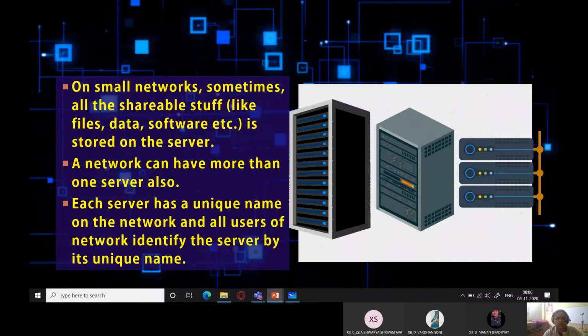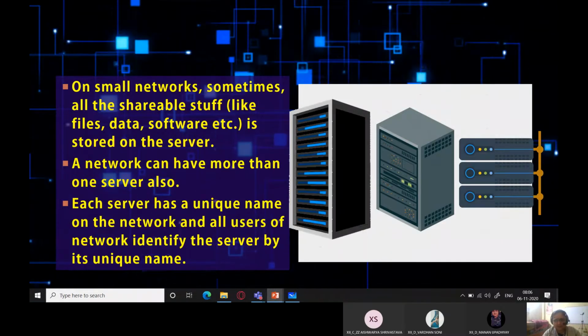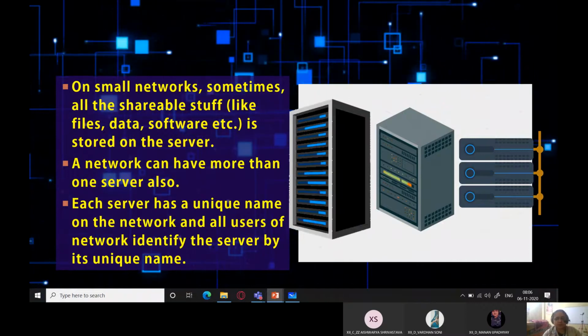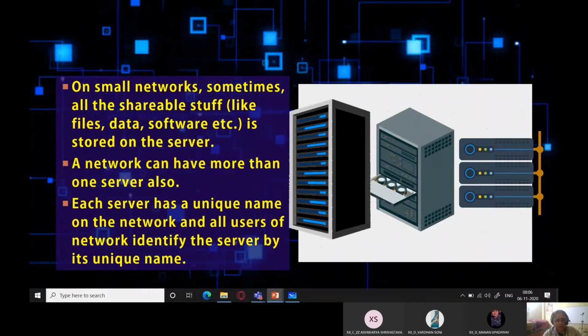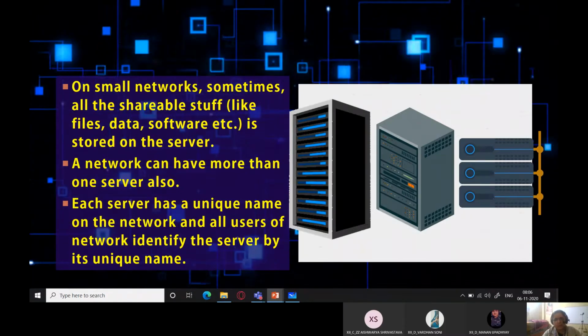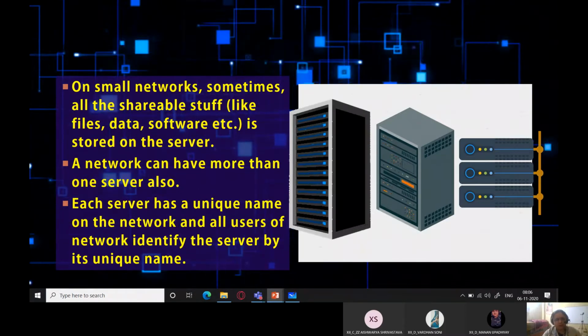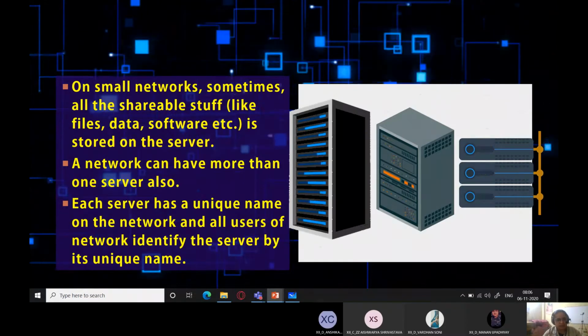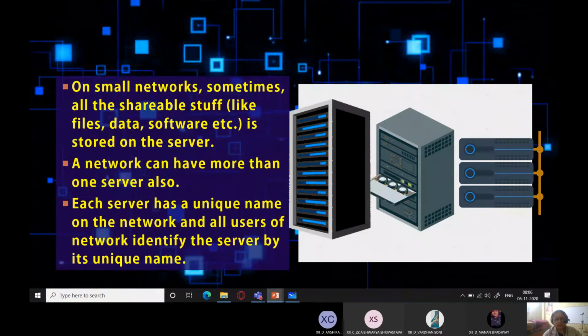You, Manan, might be already knowing that. That is connected to most of the computers in the office. The principal's computer is also attached to it. The medical room computer is also attached to it. Even all our lab computers are attached to that server.